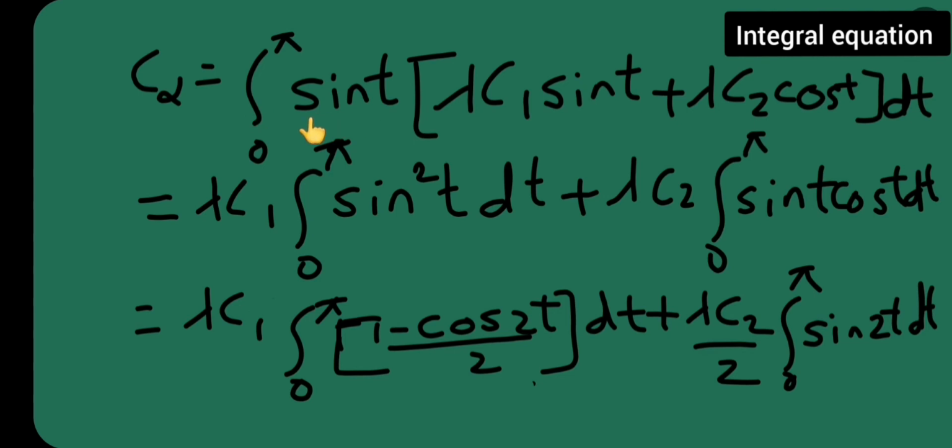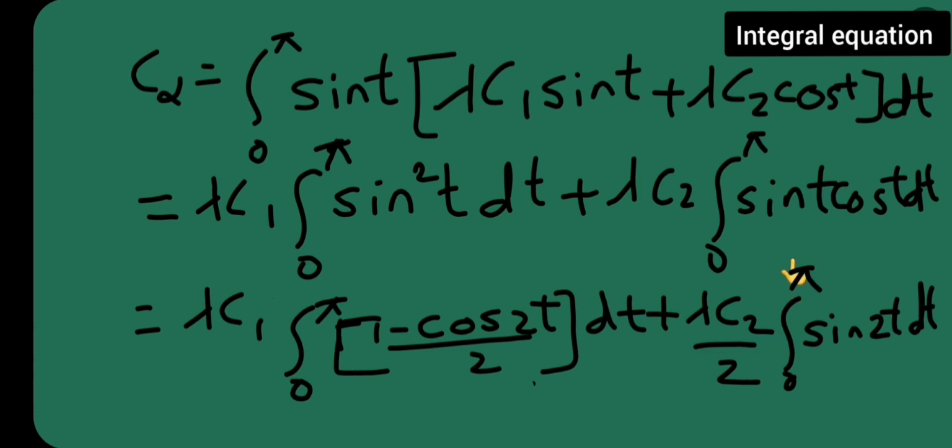Sine of t into sine of t is sine square of t dt, plus, taking this outside, lambda c2 integral from 0 to pi sine of t into cos of t dt. Now this is equal to lambda c1, write it as it is, then 0 to pi sine square of t dt, which is nothing but 1 minus cos of 2t upon 2 dt, plus lambda c2 upon 2.